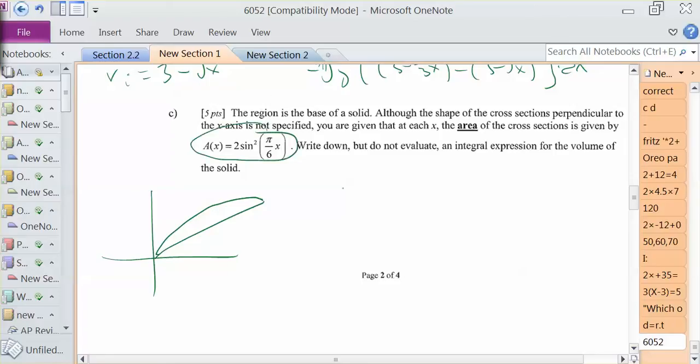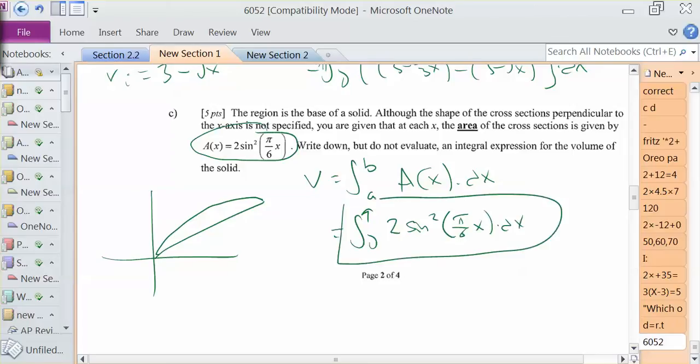But generally speaking, we know that when we're doing cross sections, we simply go from A to B, and it's your area in terms of whatever variable times dx, right? So just from 0 to 9 of 2 sine squared pi over 6 x.